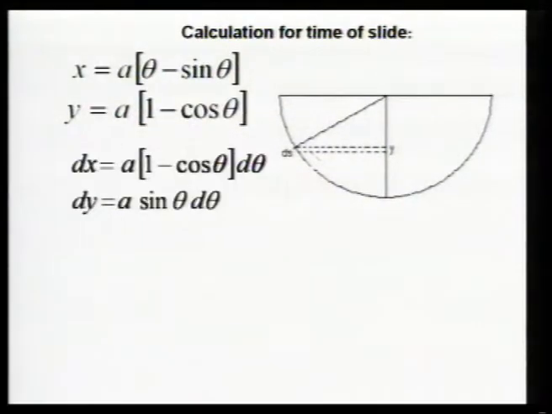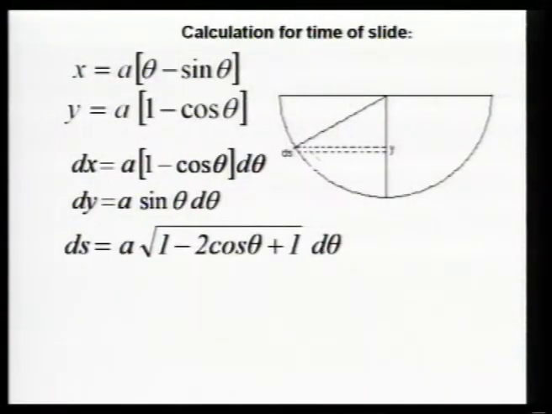Let's calculate. dx would be equal to simply a(1 minus cos theta) d theta. dy would be equal to, the first term will yield nothing, so dy would be equal to a sine theta d theta. And therefore, what is ds? Square the two and add.